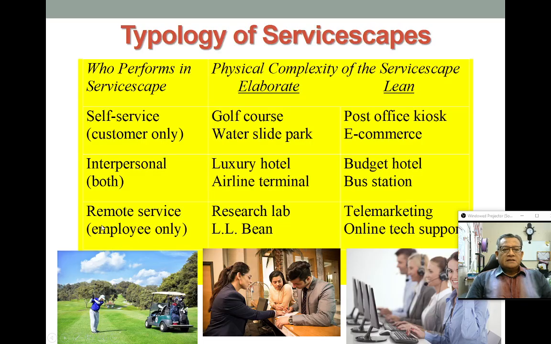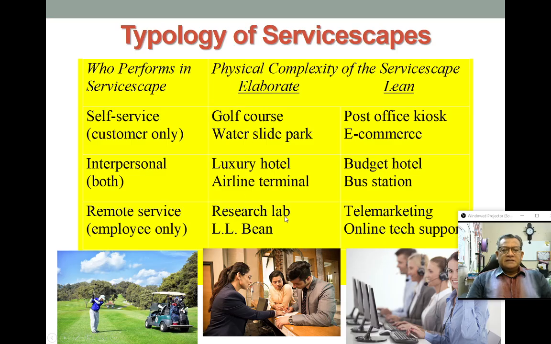The third category of who performs the servicescape is remote service. Remote service means that the servicescape is performed by the employee. For example, telemarketing. Telemarketing is quite a lean service, right? Basically, the telemarketer is doing the job for you, answering your question and so on.